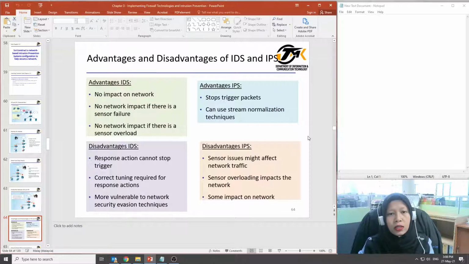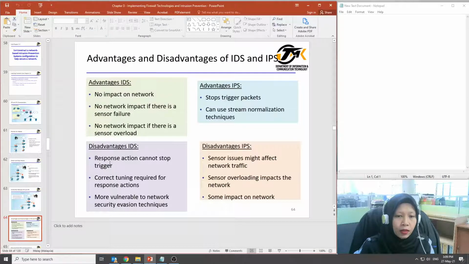Because it just monitors. There is no network impact if the sensor fails. It means if the IDS sensor stops working, it should not affect the network, because the IDS is just a network tool deployed to detect abnormality of the traffic, but it does not control the traffic. Also, there is no network impact if there is overload. It means if there is an overload with a lot of packets, it also should not cause any bottleneck to the network.